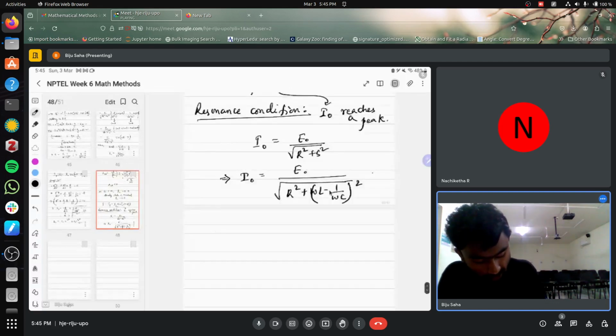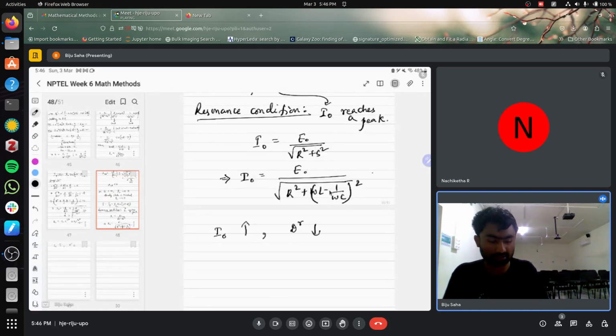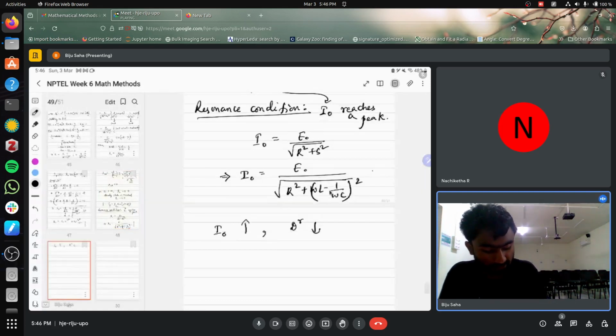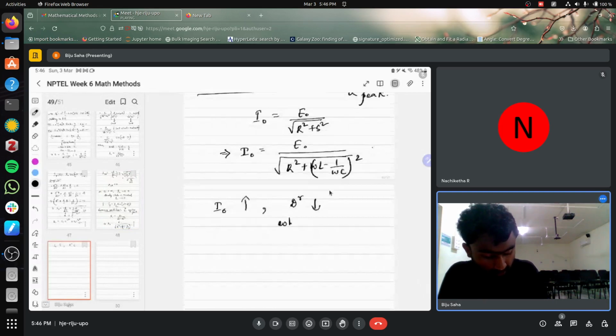So I0 will peak when the denominator part decreases. The denominator will decrease when omega L minus 1 by omega C goes to 0.